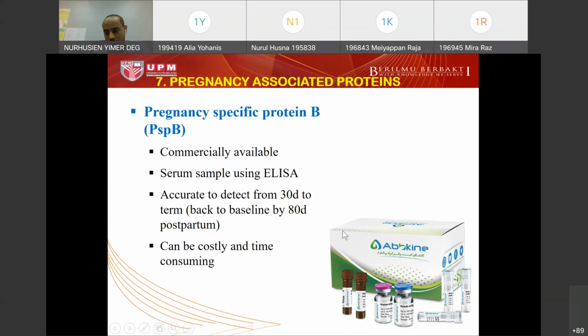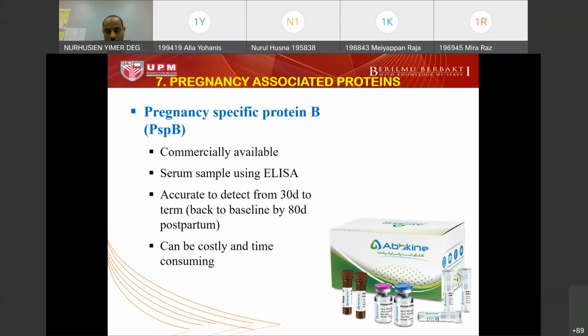This method is accurate to diagnose pregnancy from day 30 post-mating until the end of pregnancy. But one important thing here is the level of this pregnancy protein B doesn't drop at the time of parturition. It is still maintained until day 80 postpartum.